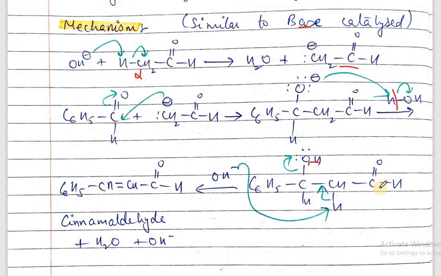Then when it is heated, this OH is released with its electrons, H gives electrons to this, so there is a double bond here, and we get an alpha beta unsaturated aldehyde. So the mechanism for cross aldol condensation is the same.